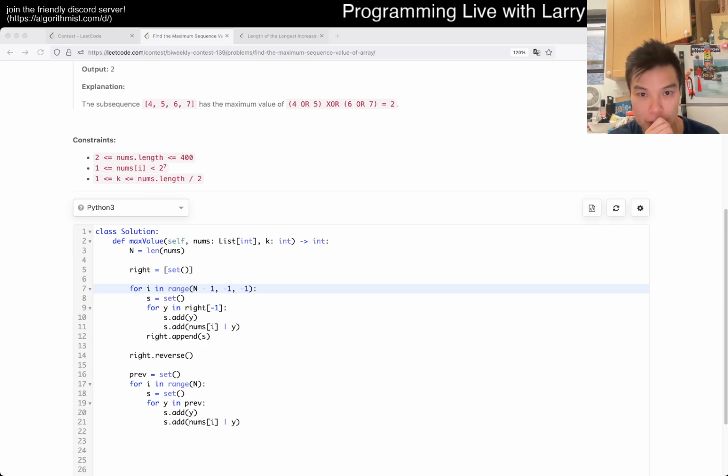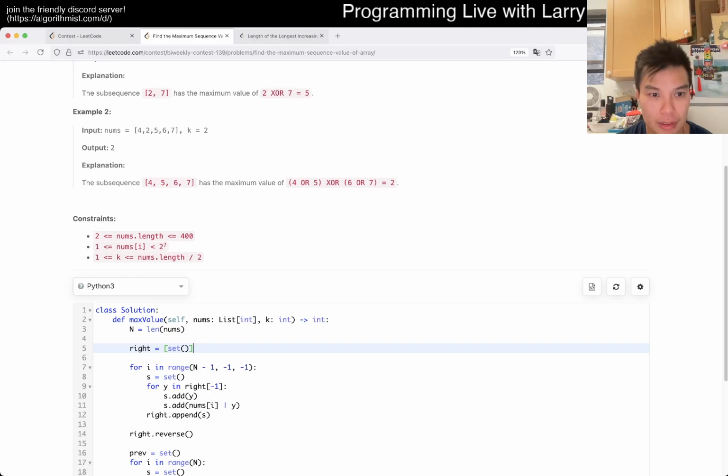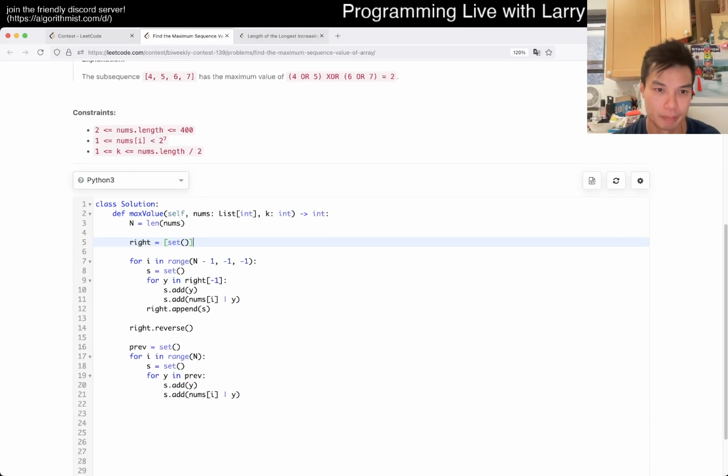I guess that makes it a little bit too slow. Yeah, 5 minutes, it's on the cusp. If this is a bitset problem, this would be very sad. Is it right though? Yeah.